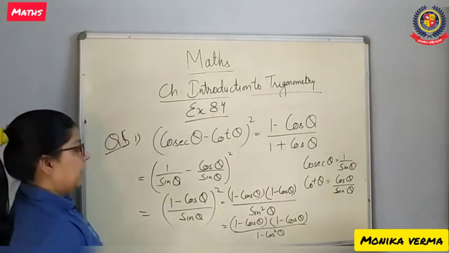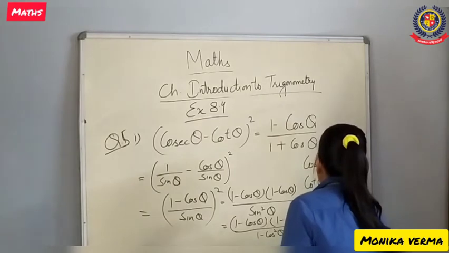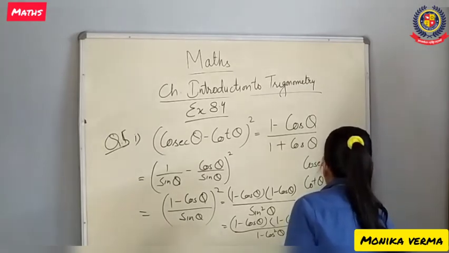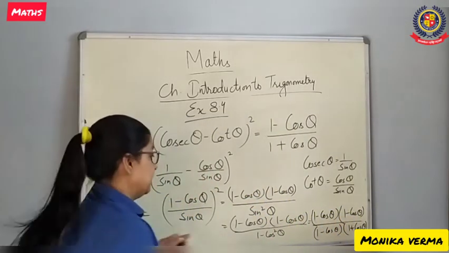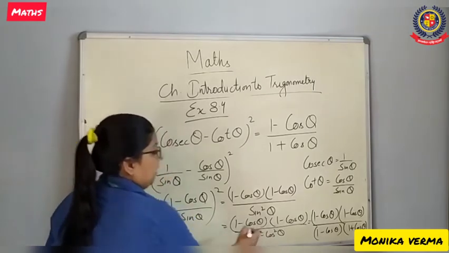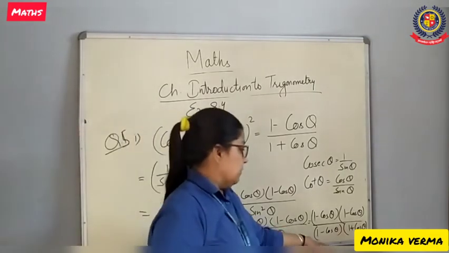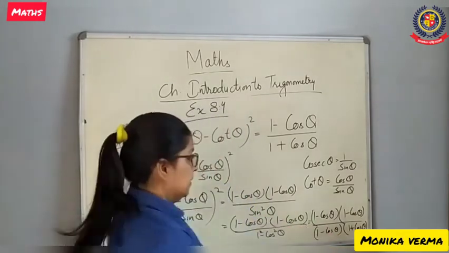Am I clear? After this, we will do 1 minus cos theta, 1 minus cos theta, upon 1 minus cos theta, 1 plus cos theta. 1 minus cos square theta means A square minus B square, and A square minus B square means A minus B, A plus B. We can open it like this.